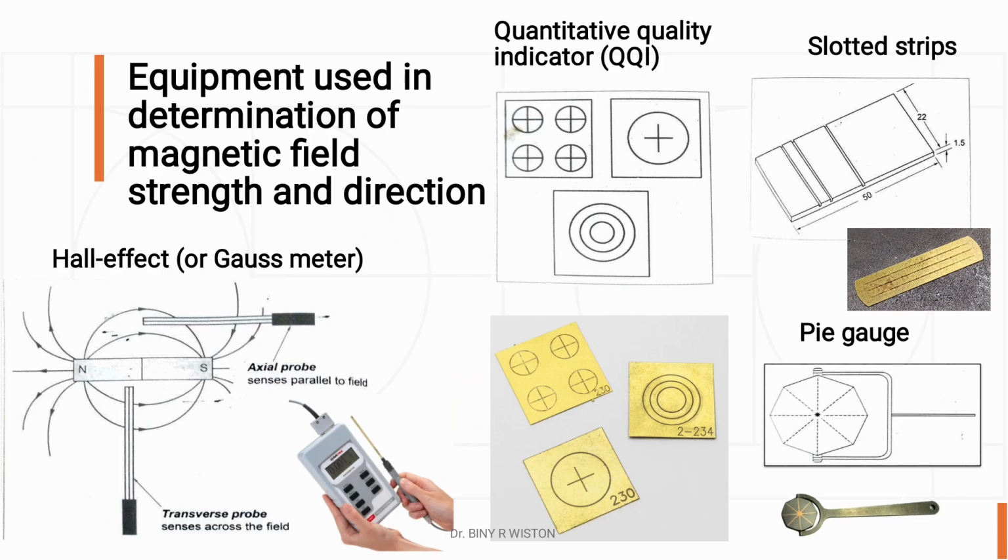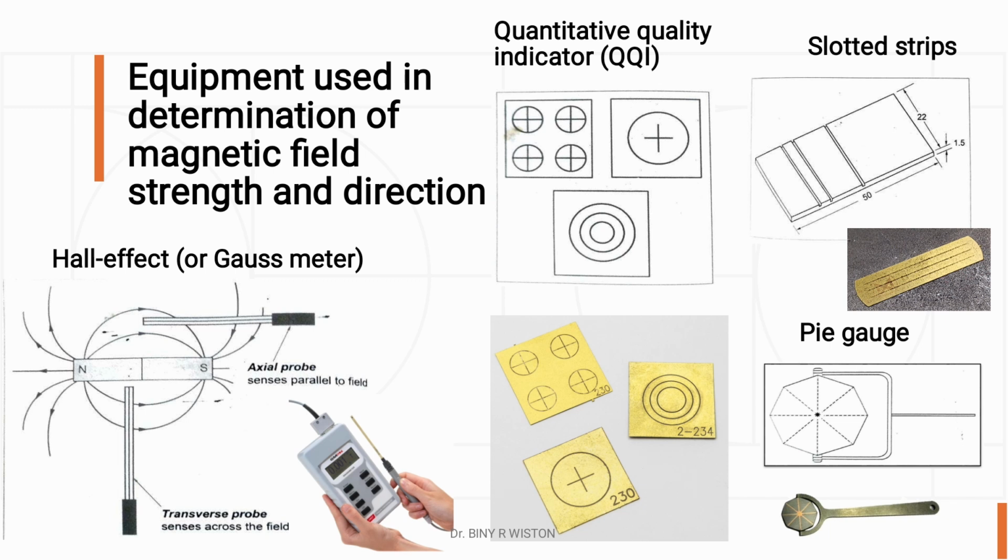Talking about the equipment used to determine the magnetic field strength and direction. To check the adequacy of field strength and direction, various equipment is used.